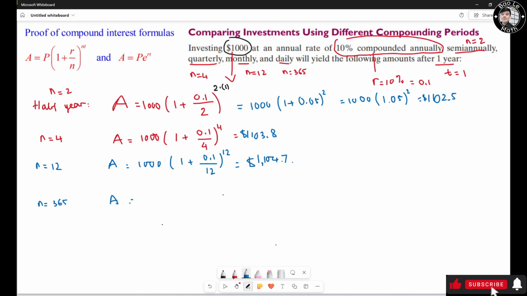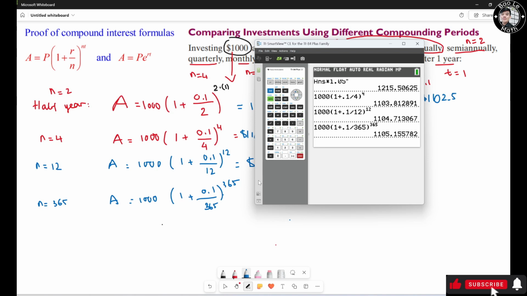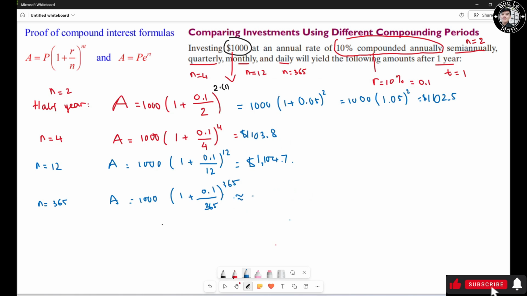So a equals 1000 times 1 plus 0.1 divided by 365, raised to the 365. It's going to be 1105.2, so approximately $1,105.2.